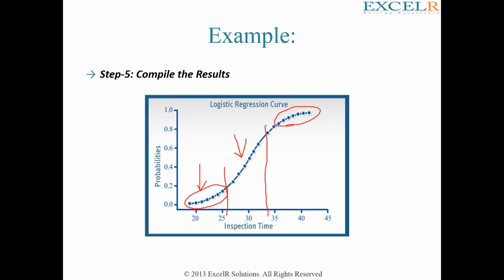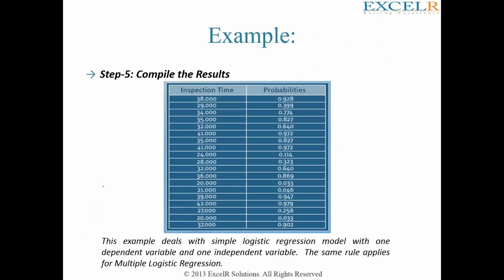If a person's salary is 1 crore per annum, and it increases by another 20 lakhs, this 20 lakhs will not necessarily drive his intention of purchasing a house, right? A small delta increase is not going to help. Hence, your probability would start to remain the same, become slightly stagnant. And now, as part of your step 5, you're going to compile the results for each and every inspection time and the associated probabilities.